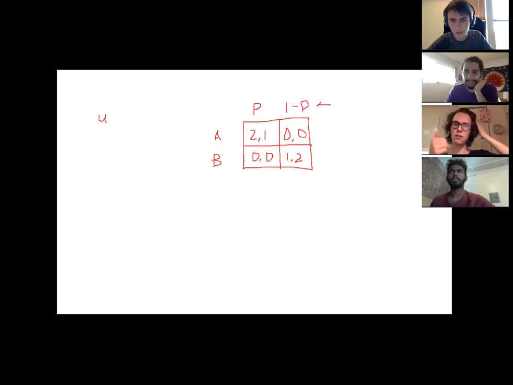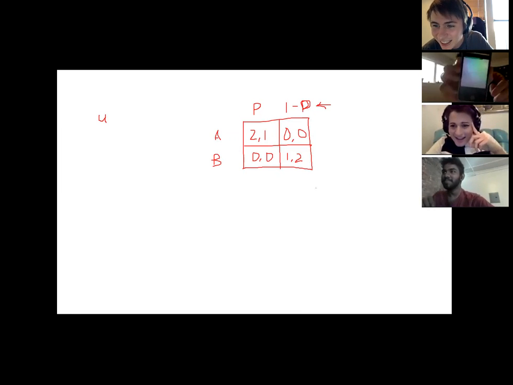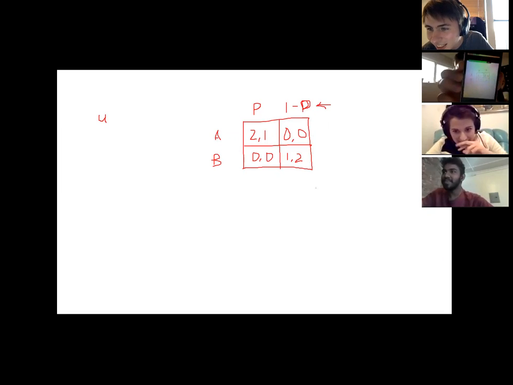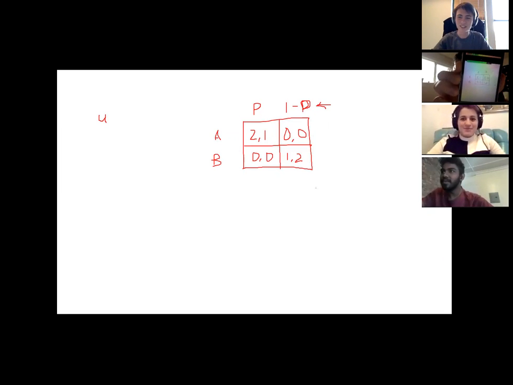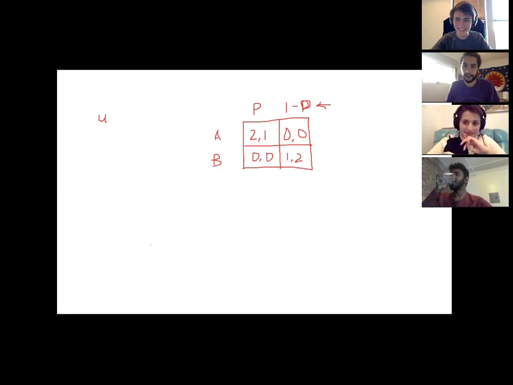Do you guys see the P that's written? No, I don't see anything. You don't see a P? This is what I see. Frozen on CD, but I see P's.